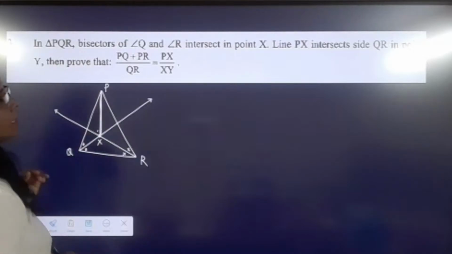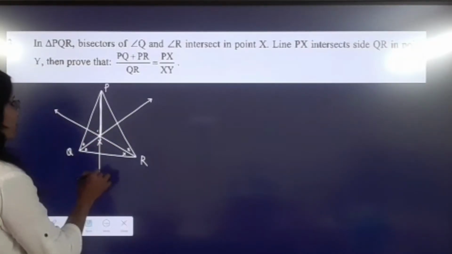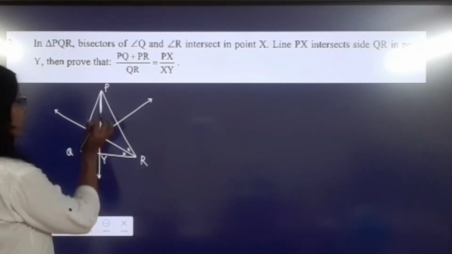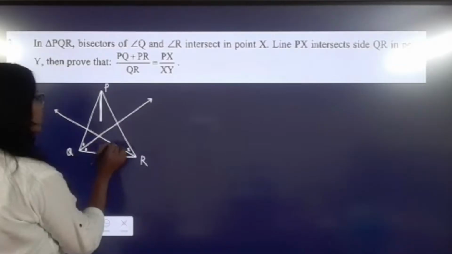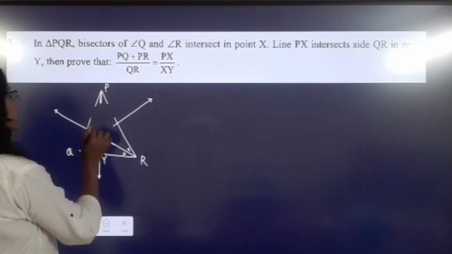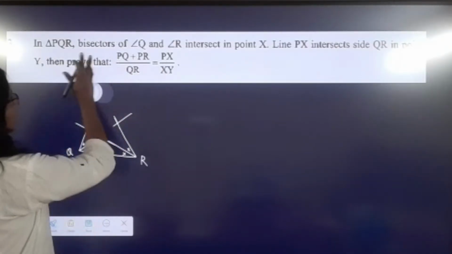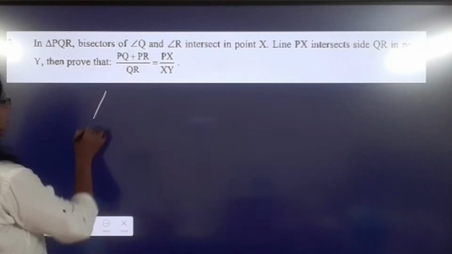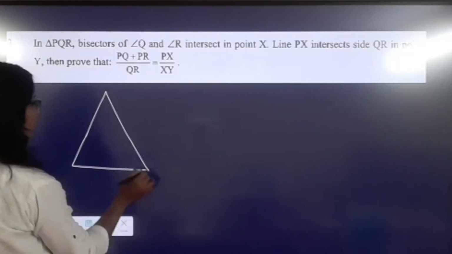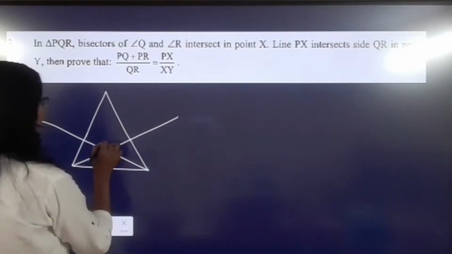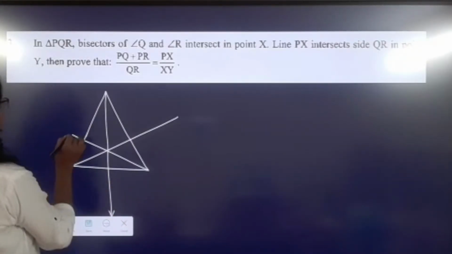Line PX here intersects side QR in point Y. Okay, here also in point Y. So here students, first I draw the figure and the bisectors, yes, this way. Yes students.